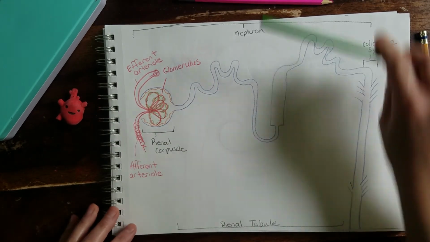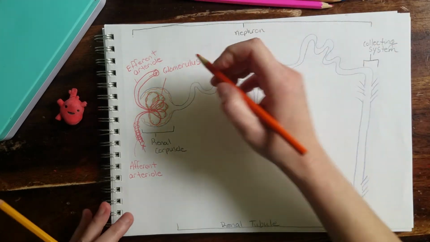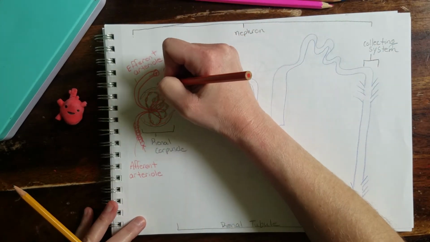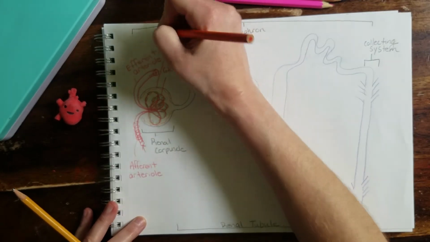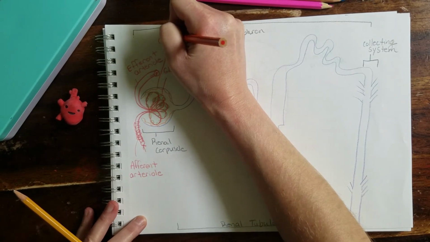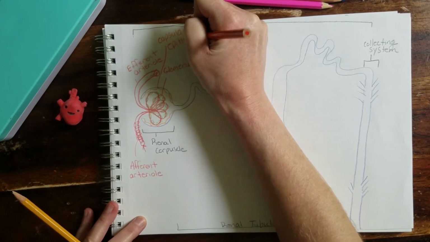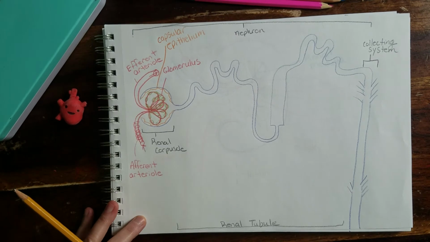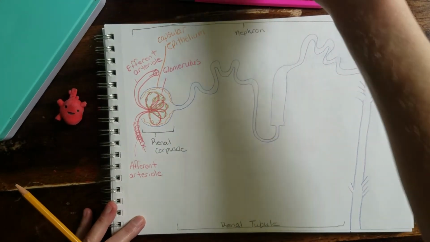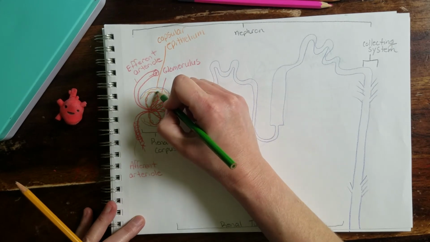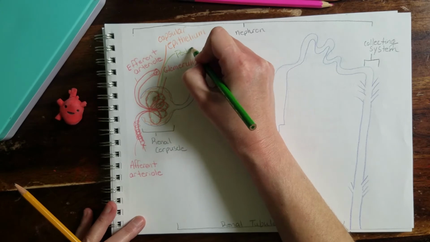All right, let's go ahead and label them. So in orange, this orange layer right here is going to be my capsular epithelium. Okay, so we've got capsular epithelium, and then my green is going to be podocytes.